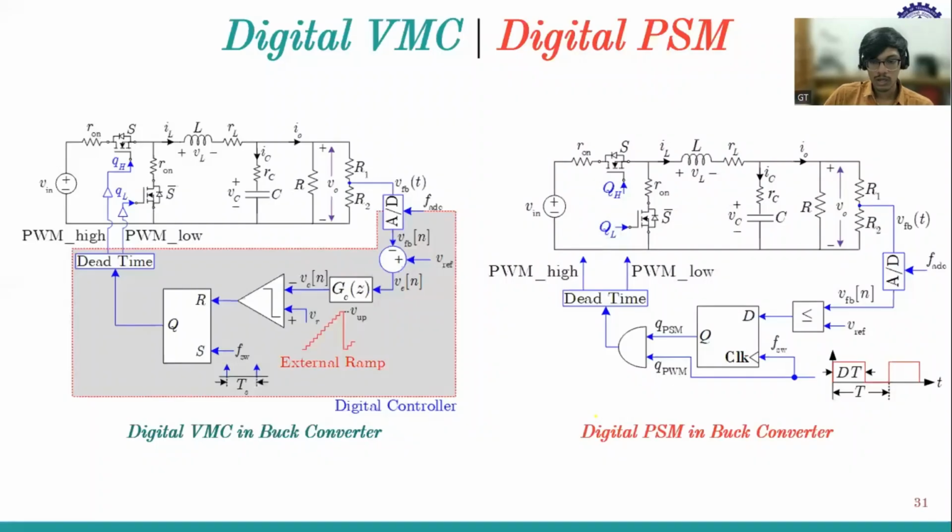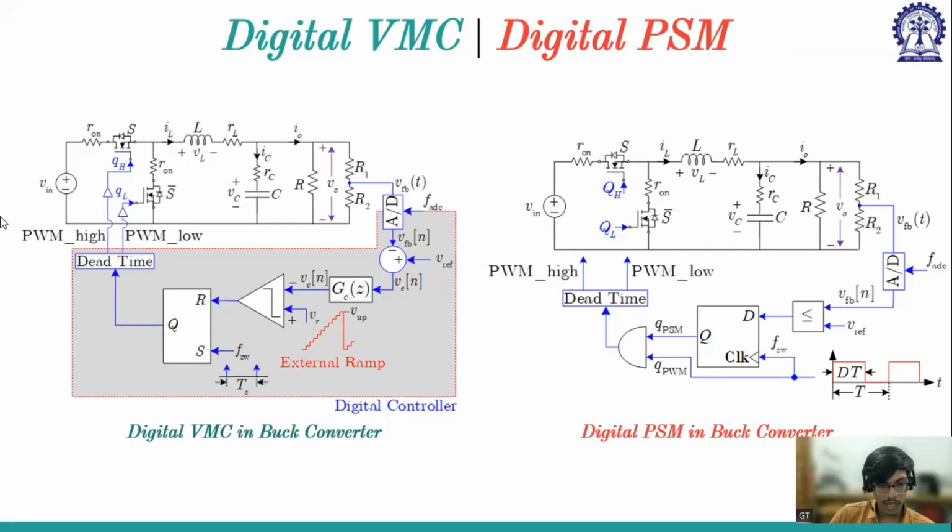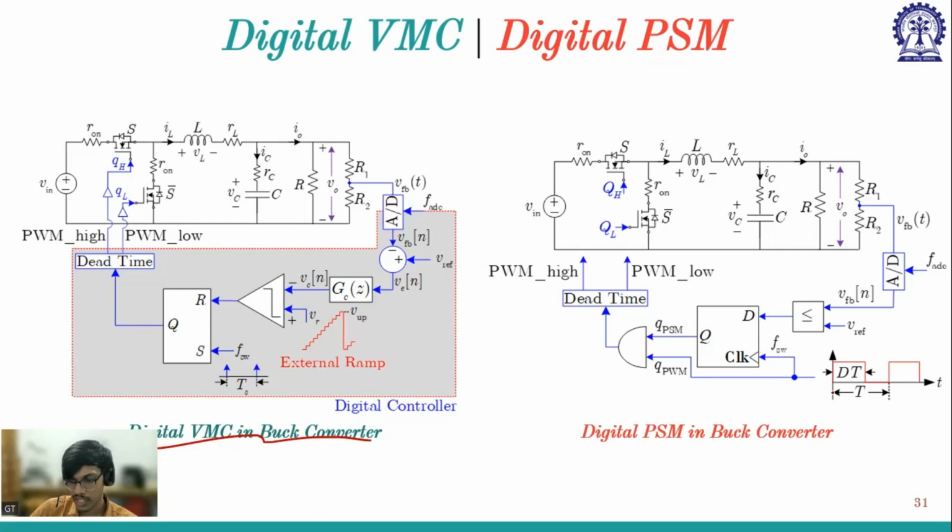Yeah. So just to quickly summarize, this is the digital voltage mode control that we had discussed today and in many weeks also. And coming to the digital PSM, we had discussed that there will be a fixed duty ratio, fixed frequency pulse. Either this will be given or the pulse will be skipped.